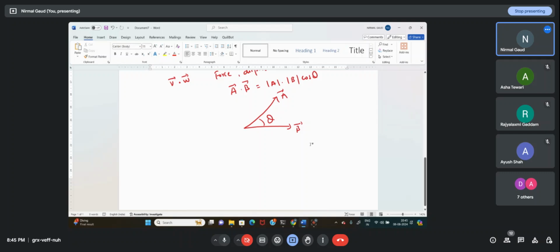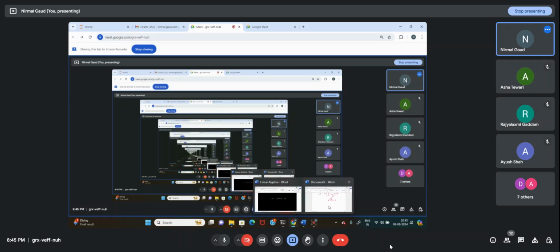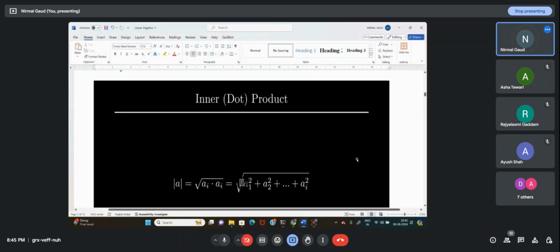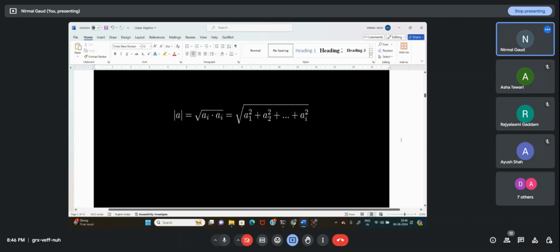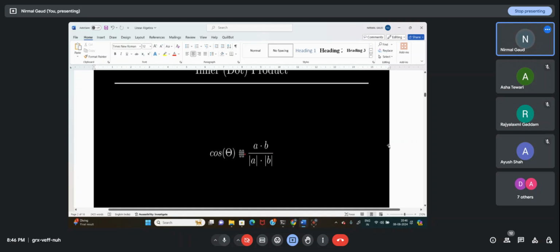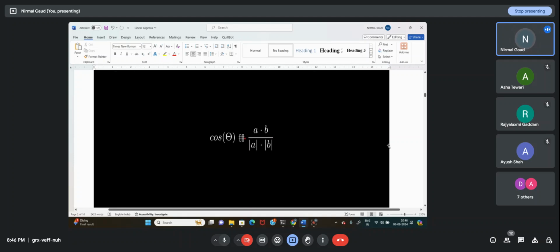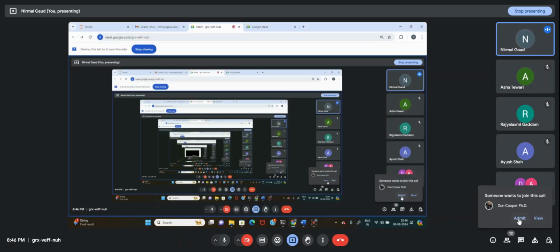So here you can see an example. I am taking the dot product. You can check it out. I already mentioned this formula: a vector dot b vector is equal to ab cos theta.